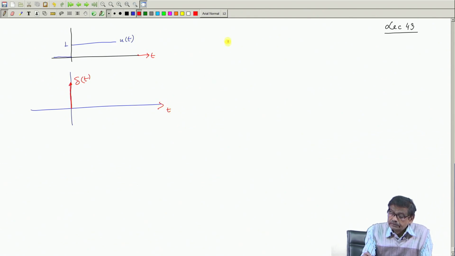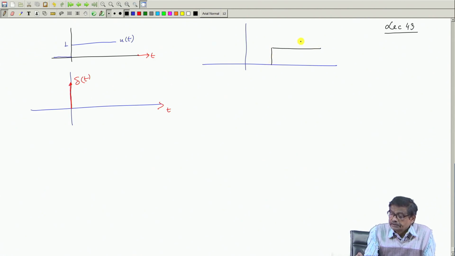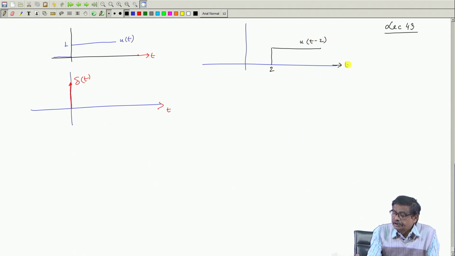Then I told you that you can have a shifted version of the unit step function. For example, this is a signal which is u(t minus 2), where this is 2, this is time, shifted to the right, and this is the value of the function.